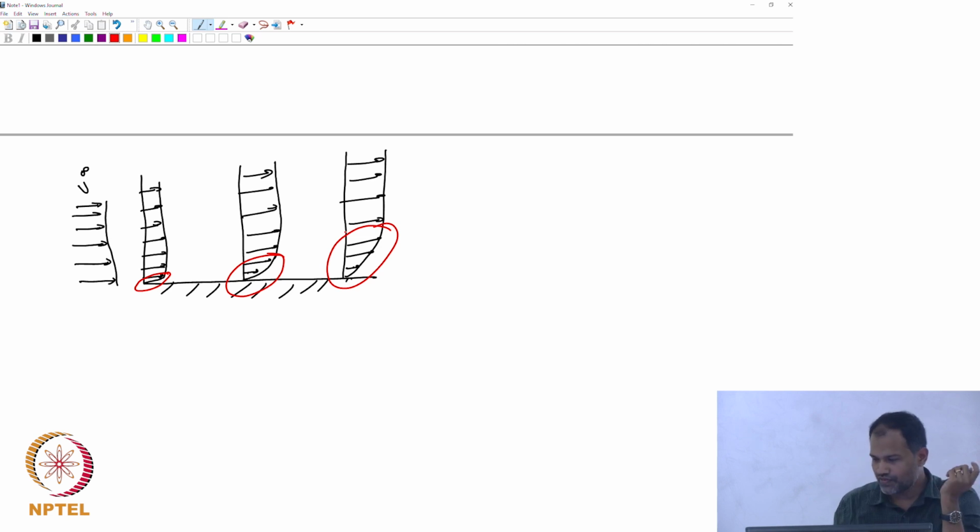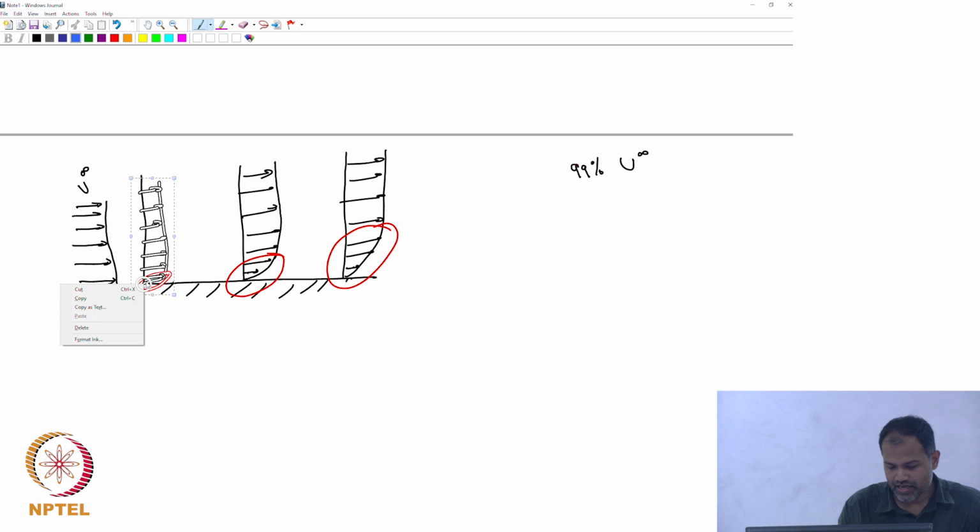So whenever the velocity is 99% of u infinity, we will call that the boundary layer thickness. If you mark that boundary layer thickness, you start from the edge, and then it keeps increasing.